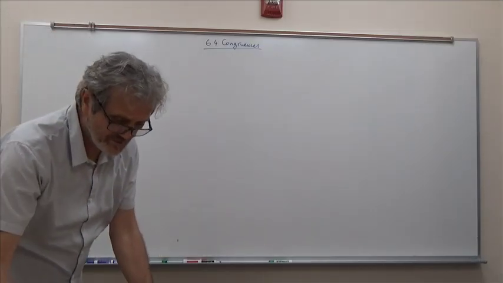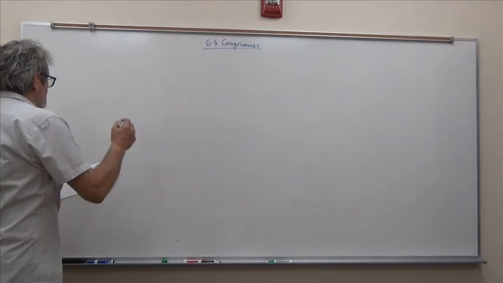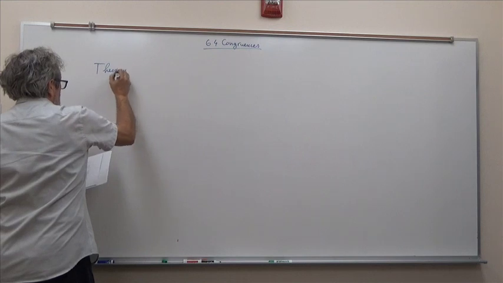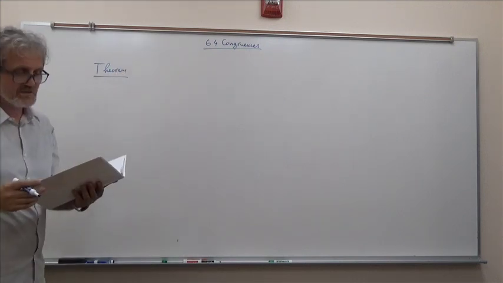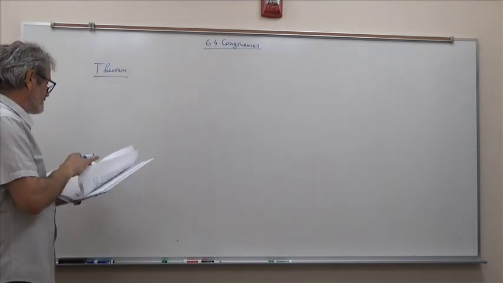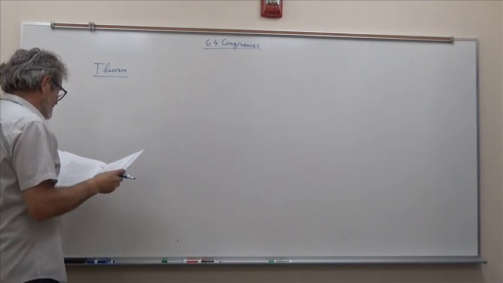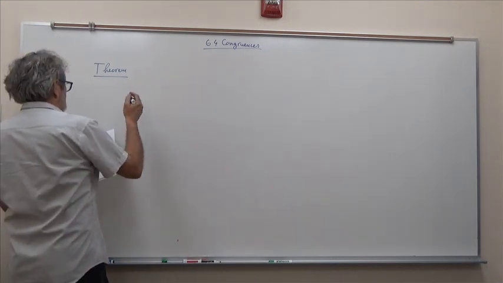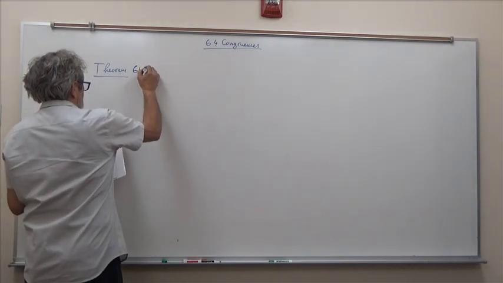We continue our discussion of congruences. Let me record one famous theorem about congruences, and that one we'll use for some cryptography at the end of the section. So it says the following, Theorem 645.